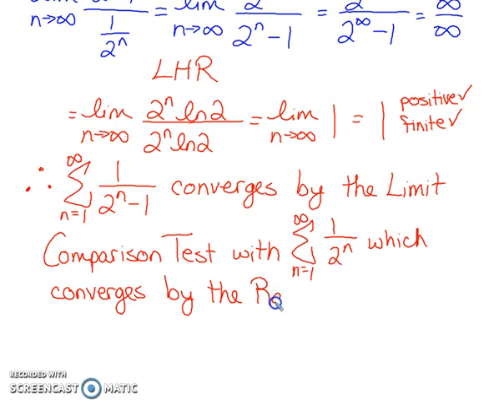So I do need to state how I know that the 1 over 2 to the n would converge. And we previously did the work on why we knew that converged, but I would want to include it in this problem as well.